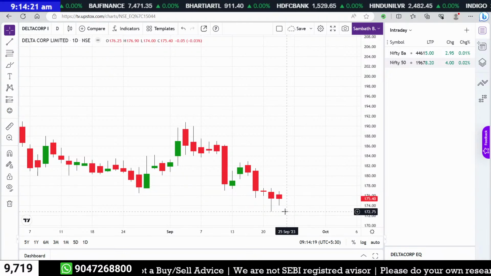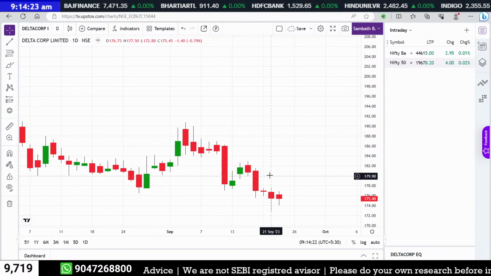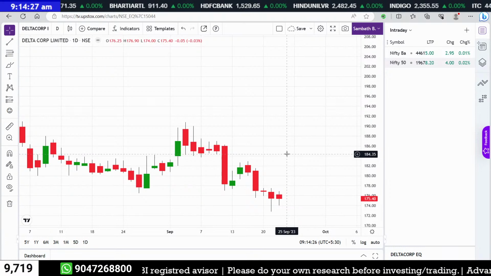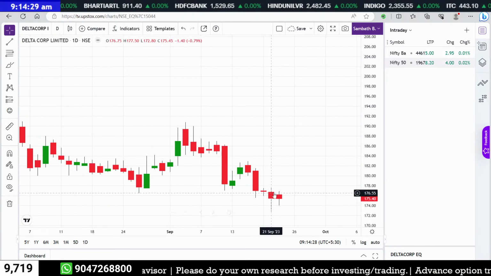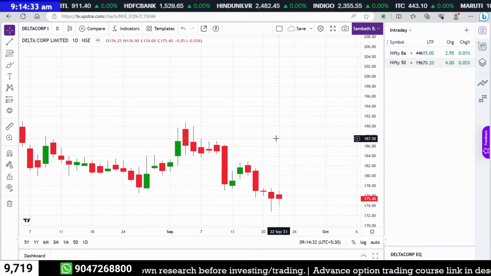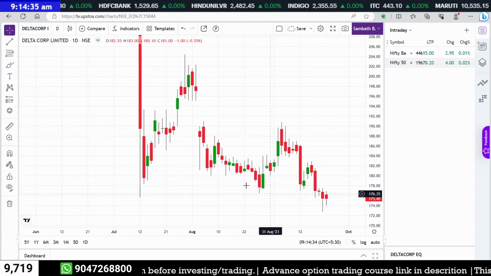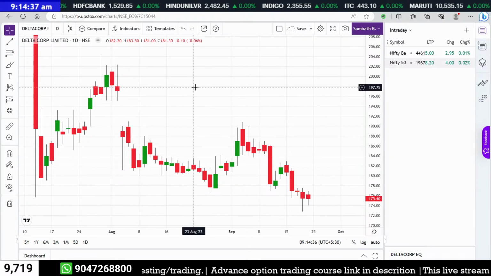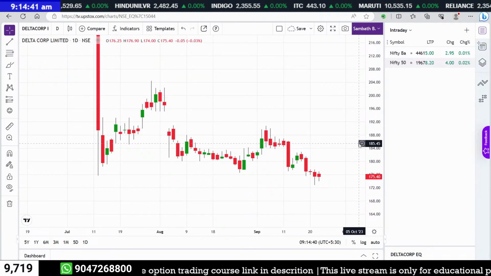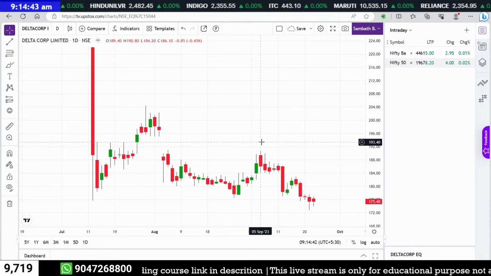Maybe you can keep this bottom as a stop loss, because it is forming 3 consecutive reversal candles: spinning top, hammer, and again a hammer. So a trend reversal is possible at this lowest level. This is about Delta Corp which you are looking for. Already it has moved down very big.